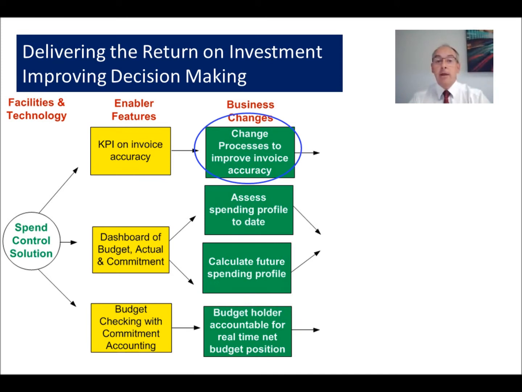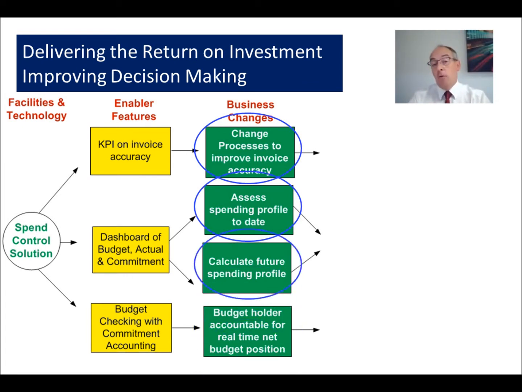The first one is around key performance indicators on invoice accuracy. Now this should enable us to change our processes so that we get more accurate invoices coming through and therefore reduce non-conformance. The second part of it, around the dashboard, is that we've got online analysis of our spending profile to date.